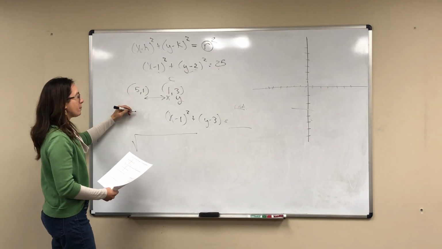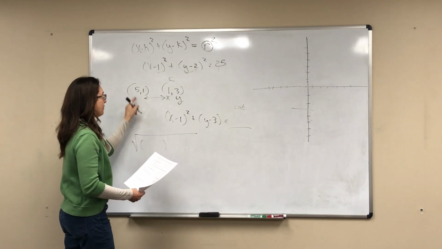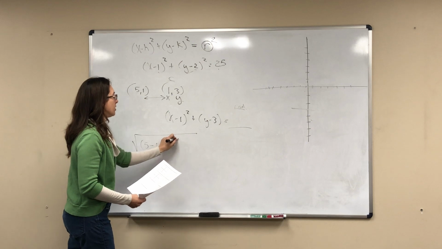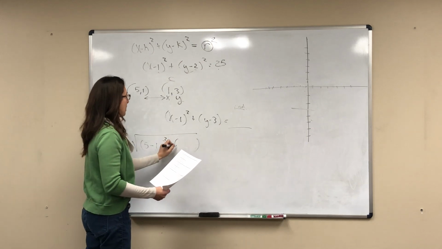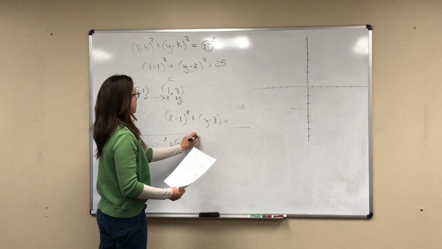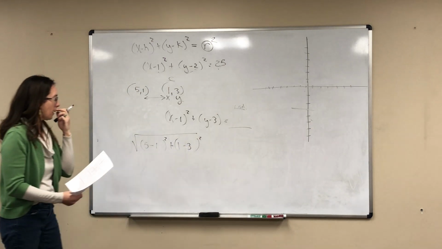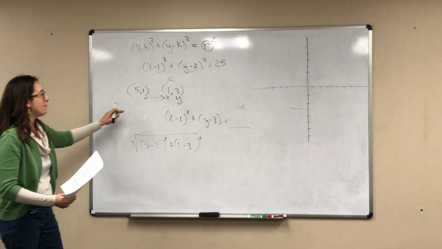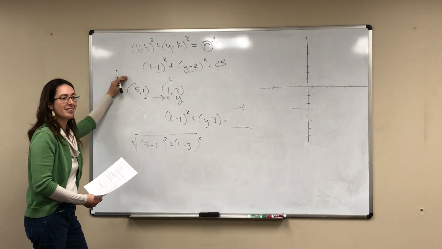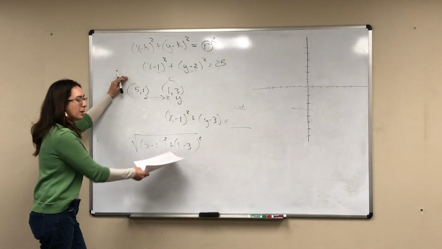So we know from our Pythagorean theorem that our distance is the difference between our x's squared, the difference between our y's squared. Make sure you go in order. Whatever one you choose as the first one has to be the first one in both of them.